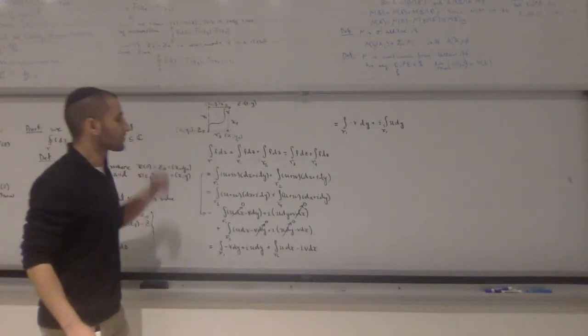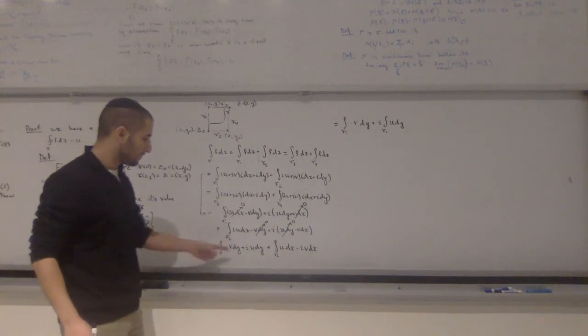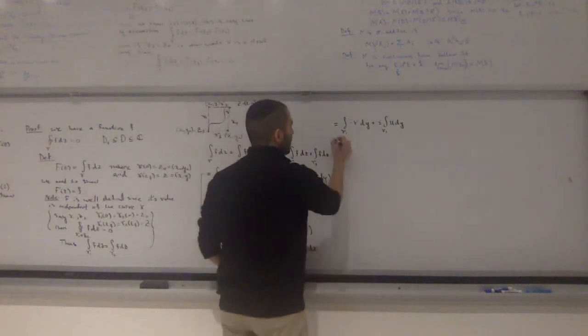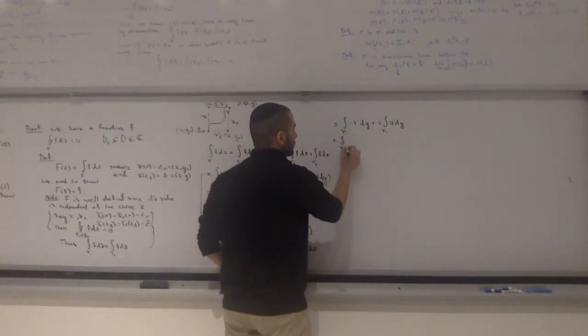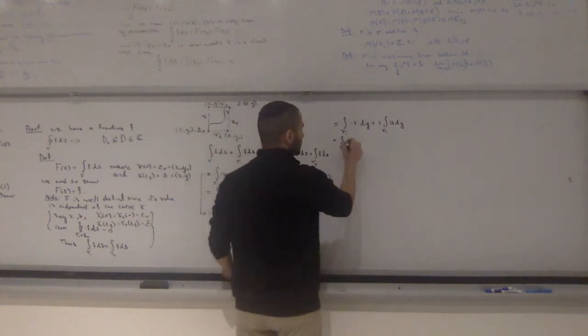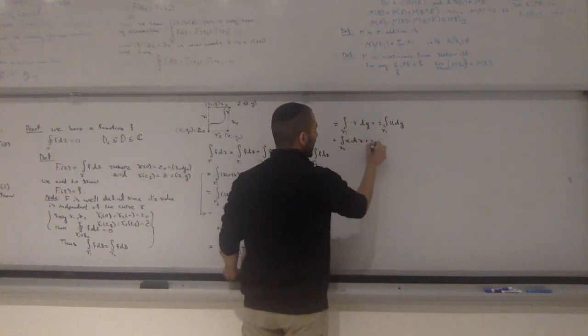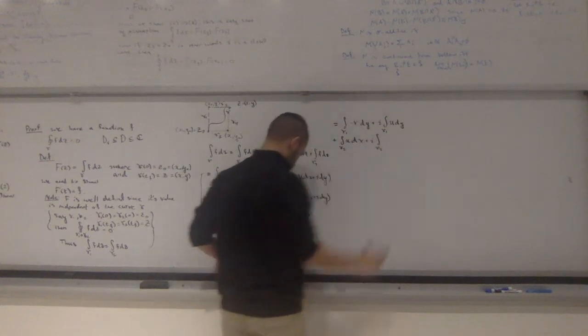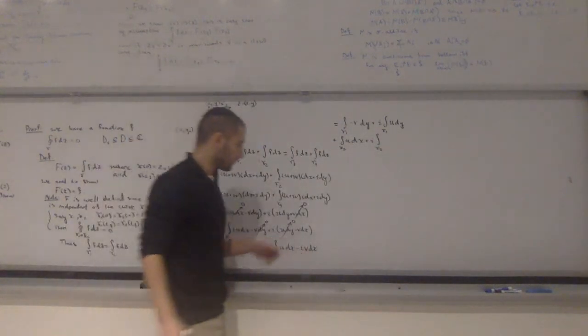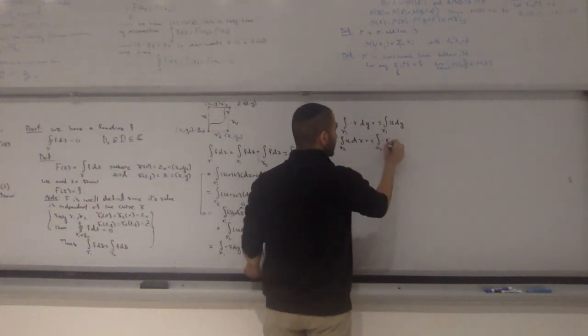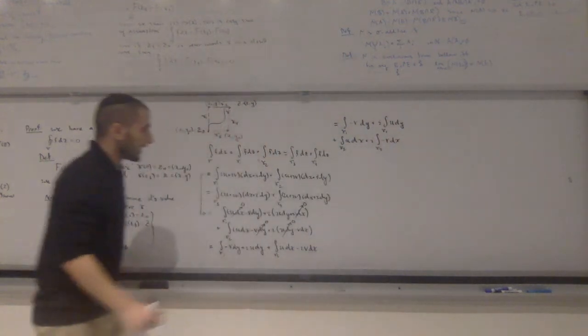Again, gamma 1 has changes with respect to y. Plus the integral along gamma 2 of u dx plus i times the integral along gamma 2 of minus v dx. Okay?